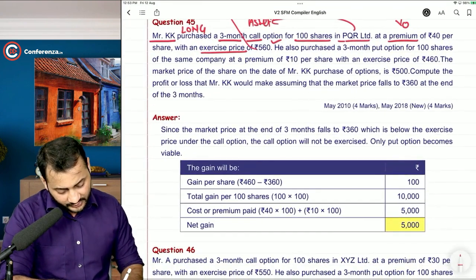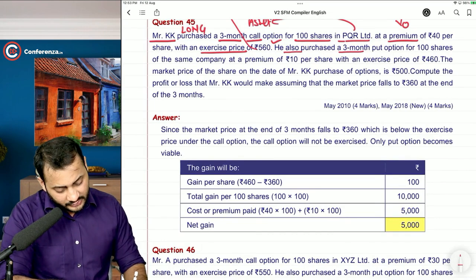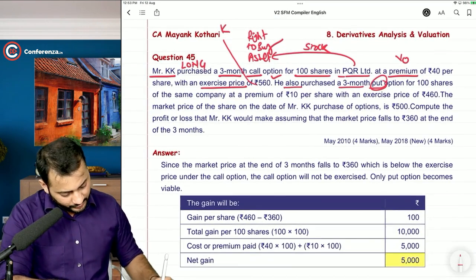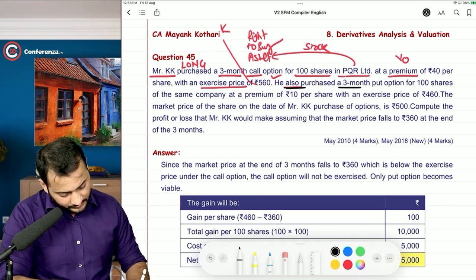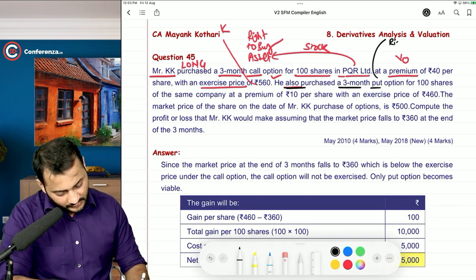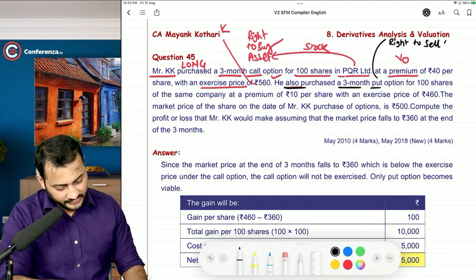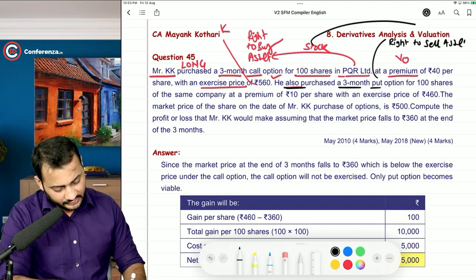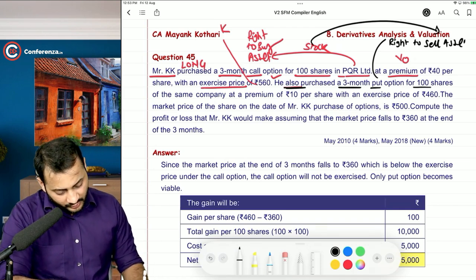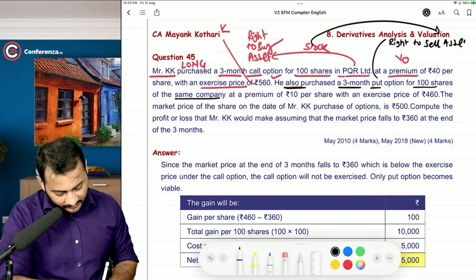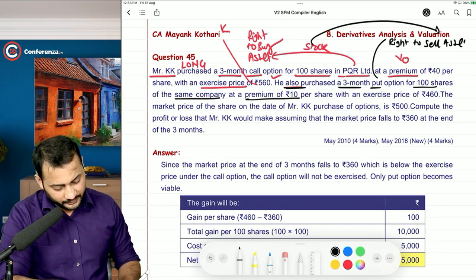Let's read it further. He also purchased a 3-month put option. What do you mean by the put option? Put option means the right to sell the asset. Which asset? The stock of PQR Limited, for 100 shares of the same company, at a premium of 10 rupees per share.